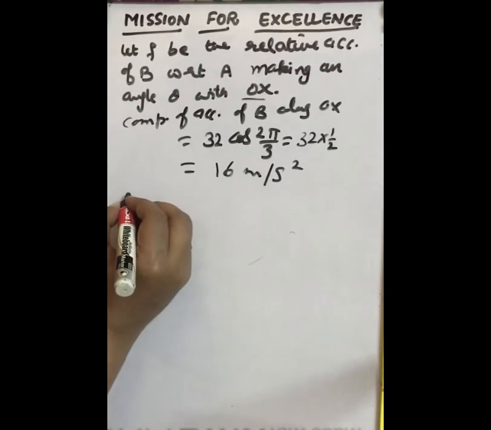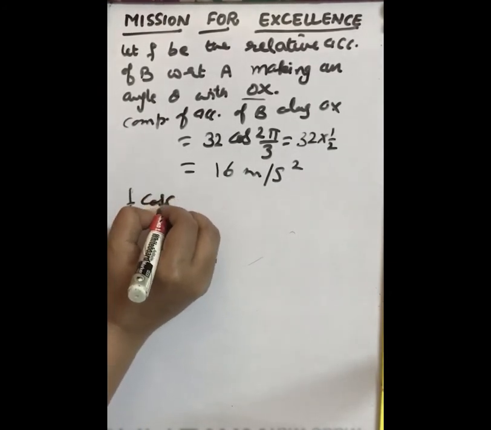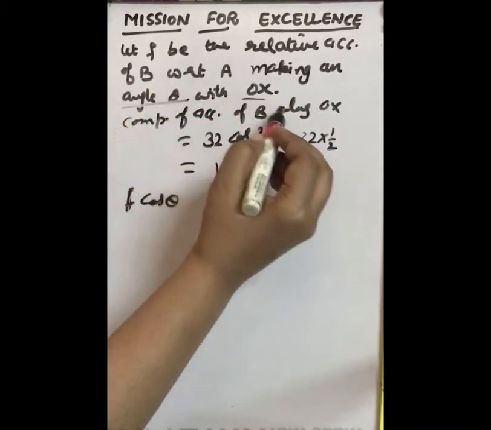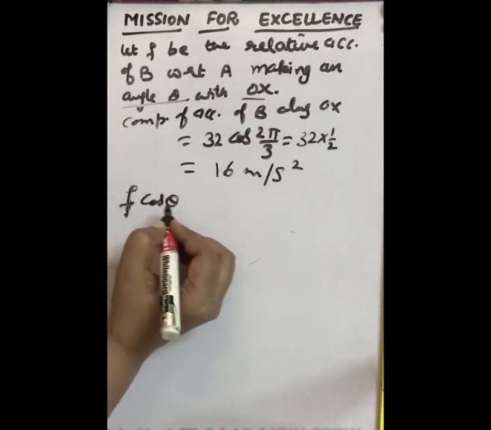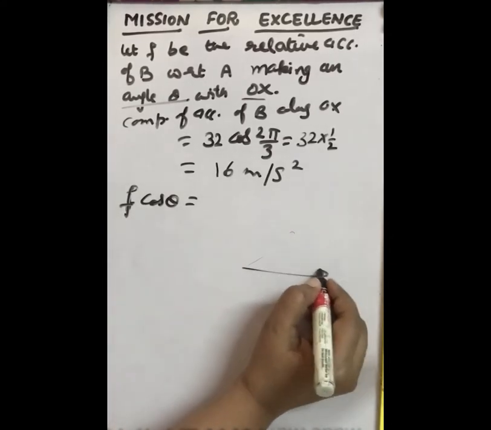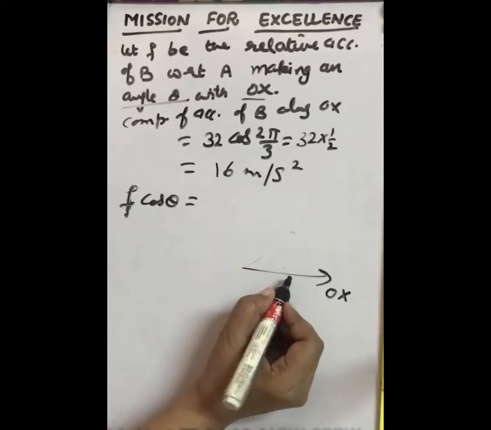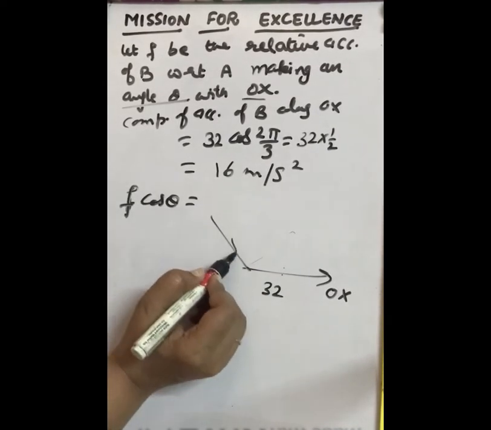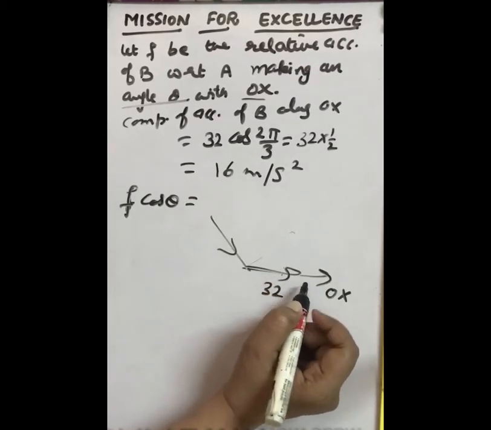So now let us take the resultant acceleration. The resultant acceleration is F cos theta, because F makes an angle theta with OX. So the component F cos theta will be equal to the acceleration along OX of A, that is 32, and the component of B along this direction is 16.